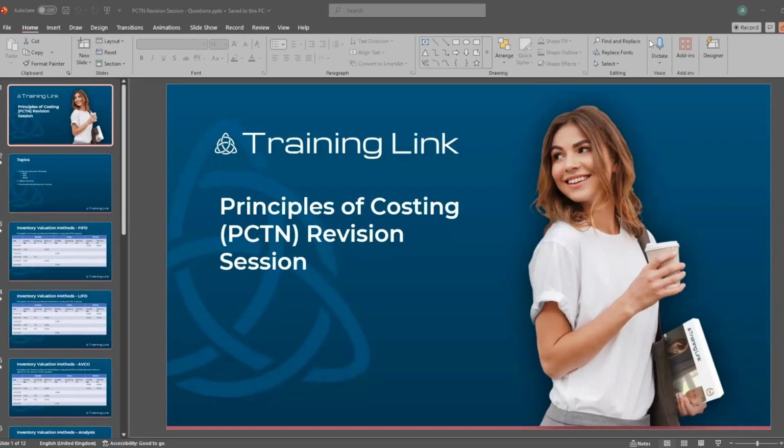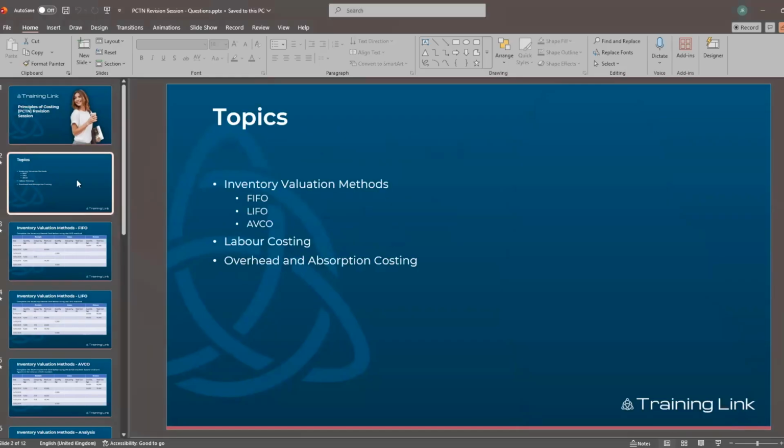I'll share my screen with you. So what I've done today is pick out some topics from this unit, things that tend to come up quite often when I'm dealing with queries. First of all, we're going to look at inventory valuation, so that's going to be our FIFO, LIFO, and AVCO.